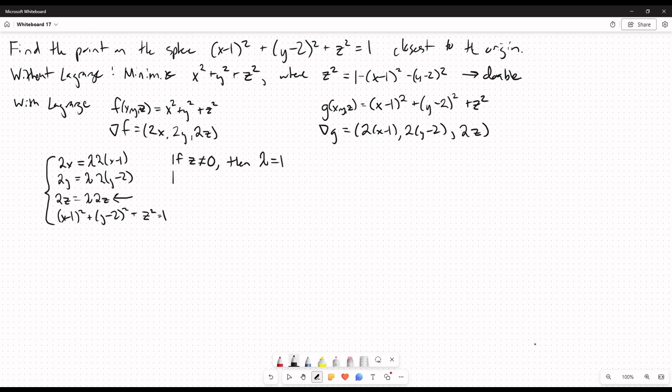But if lambda equals 1, then from our first equation we have 2x equals 2x minus 2, which is clearly not true. So we know right now that z has to equal 0. Okay, so we know one thing right now: z equals 0. But it also means that this equation doesn't really tell us a whole bunch, unfortunately, other than that z equals 0.